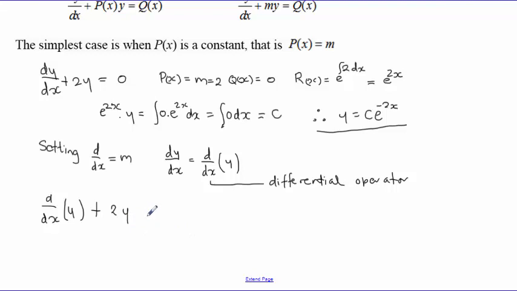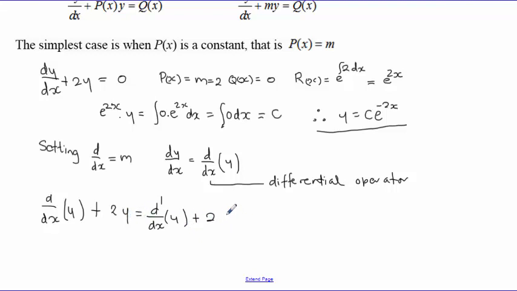Strictly speaking, this is a differential operator of order 1, and it is exactly the same as writing a differential operator of order 1 applied to y plus 2, and here the function y is not differentiated.